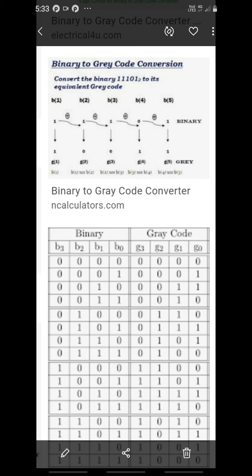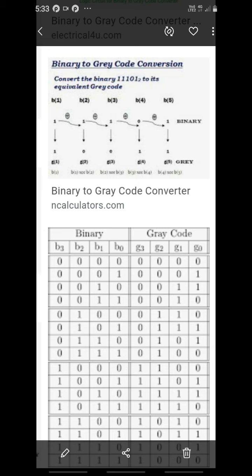Cyclic code is one in which all successive code words differ in only one bit position. This may be verified from the following truth table.